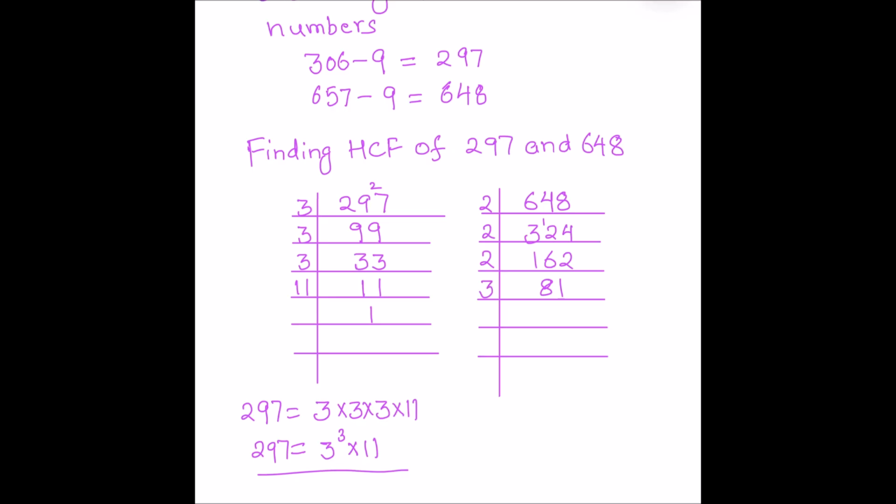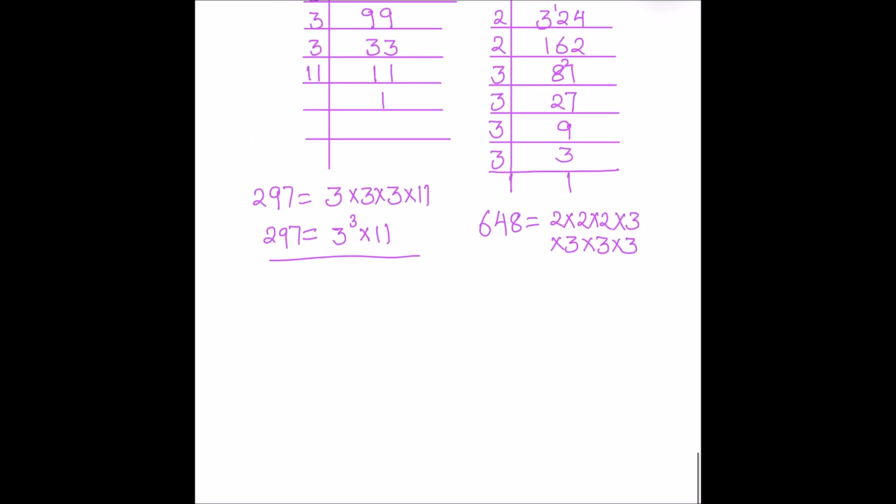Now 81 is divisible by 3. 3 times 2 is 6, 2 is remainder, this becomes 21, 3 times 7 is 21. 3 times 9 is 27, 3 times 3 is 9, and 3 times 1 is 3. So the factors of 648 will be 2 times 2 times 2 times 3 times 3 times 3 times 3. In exponent form it will be 2 cube times 3 raised to power 4.